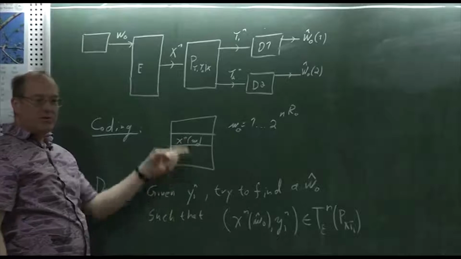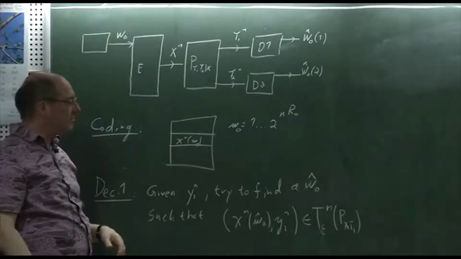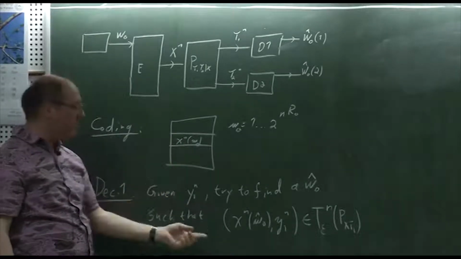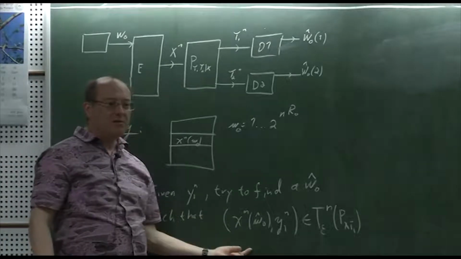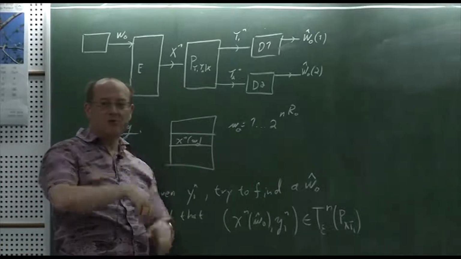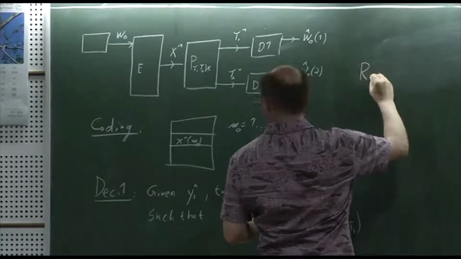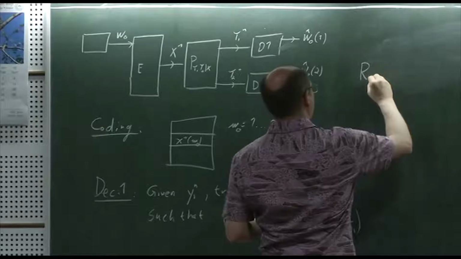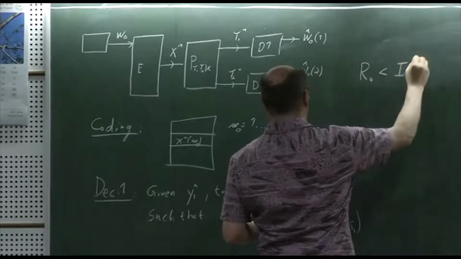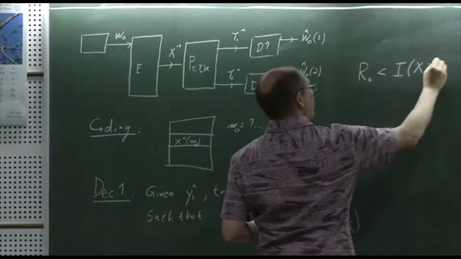One of the other codewords might be jointly typical, so we do the union bound. What's the probability that a random choice is typical? It's just 2 to the minus n times the mutual information. Union bound, we just get what you'd expect: R0 has to be less than I(X;Y1).